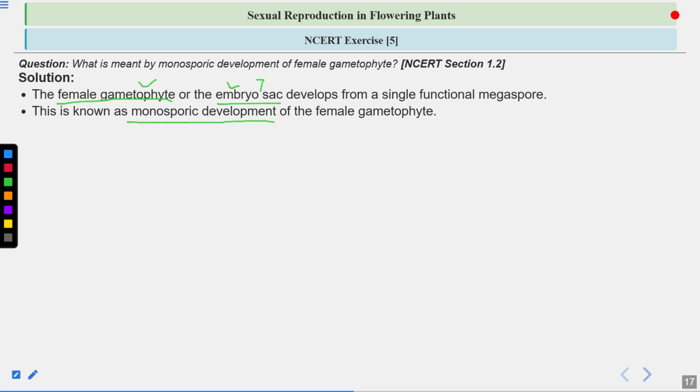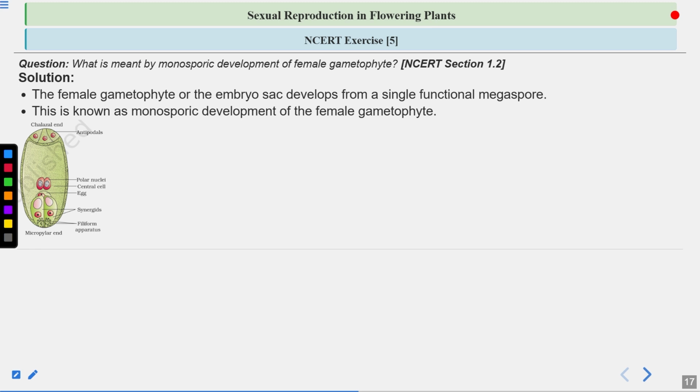They are a 7-cell and 8-nucleus structure. And this whole 7-cell 8-nucleus structure is formed from one functional megaspore. That is why it is called monosporic development of the female gametophyte, because only one megaspore is involved in the formation of the 7-celled 8-nucleate structure, that is the female gametophyte or the embryo sac.